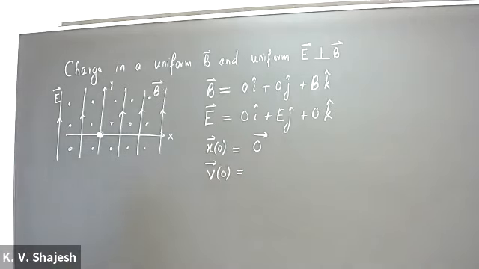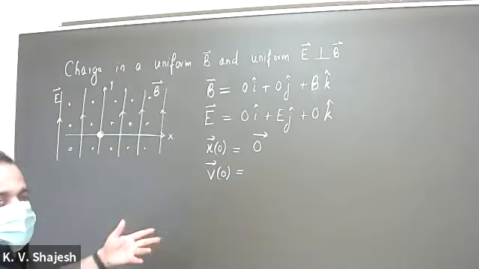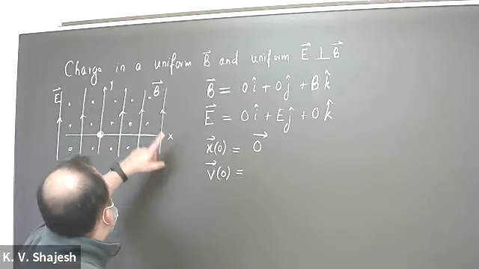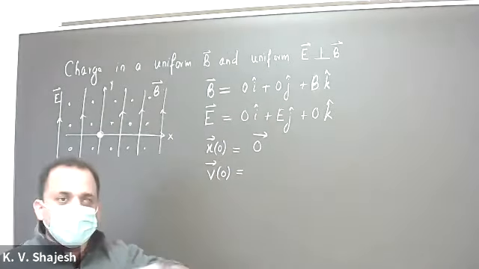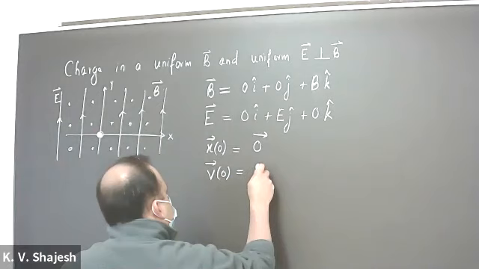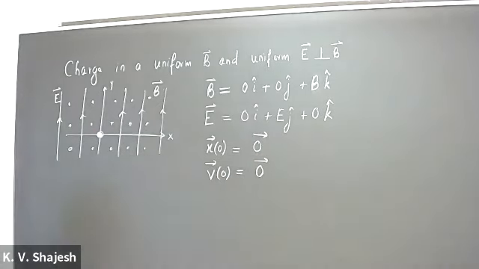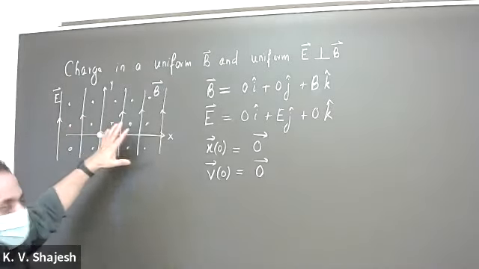Earlier, it was necessary to give it some initial velocity because otherwise it won't experience any magnetic force at all, and it will just stay there at rest. But now I can still put it 0 because the electric field will make it move, and the moment it starts moving, the magnetic force will come into the picture. So it is not necessary to put an initial velocity. It's convenient to put 0. So it's at the origin, at rest to begin with.